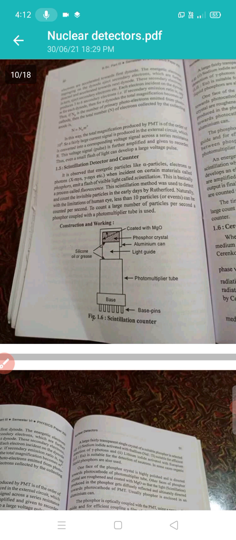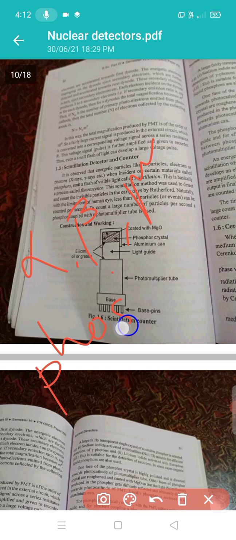In the scintillation detector, energetic particles like alpha particles, beta particles, and gamma particles are incident on certain materials called phosphors.